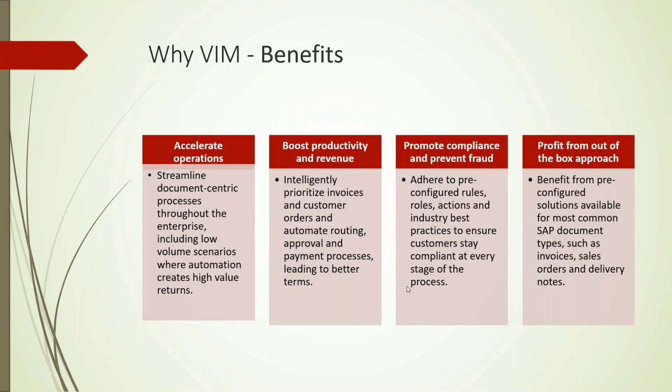That way it improves the productivity. And as we say, a penny saved is a penny earned. So that way it also helps in revenue. Since your productivity is improving, it reduces the cost. Whatever reduction in cost is part of your revenue. If you're not spending, it is savings.